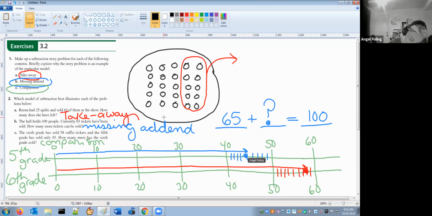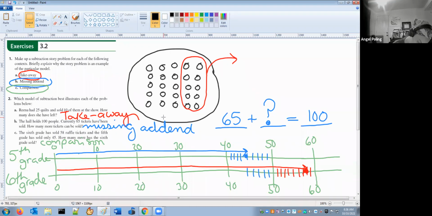So by comparison, we have 1, 2, 3, 5, 6, 7, 8, 9, 10, 11, 12, 13 more in the 6th grade, right?